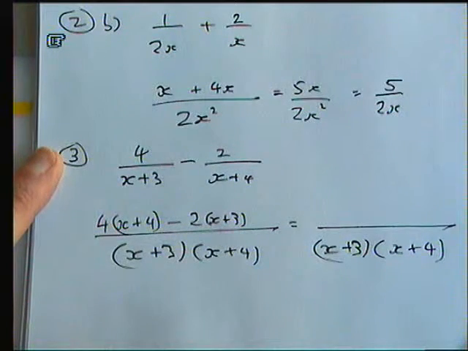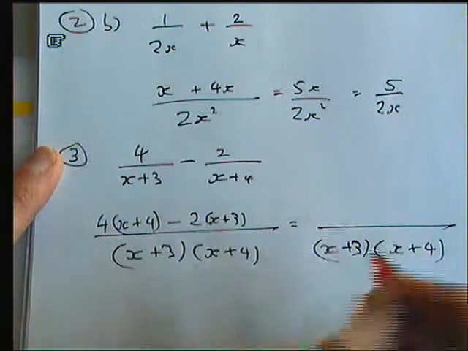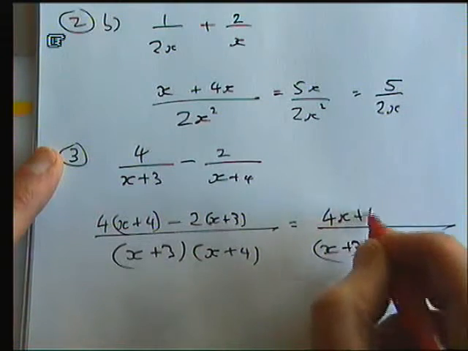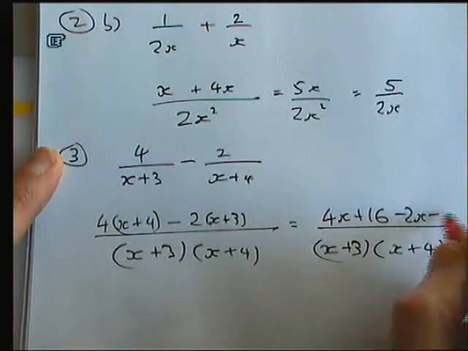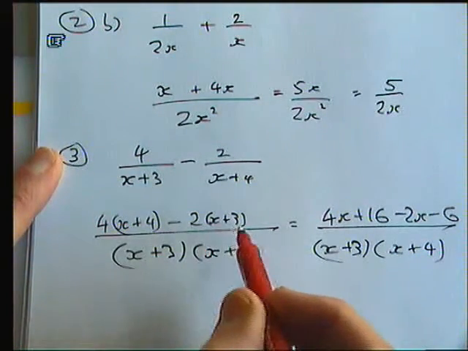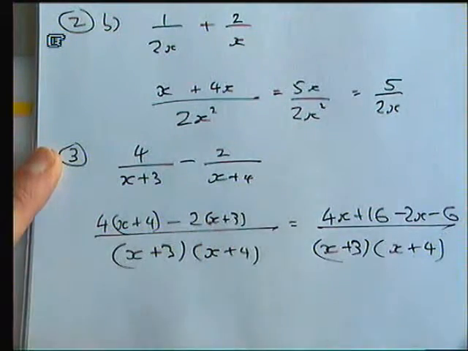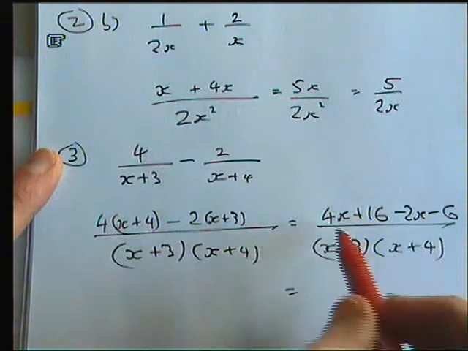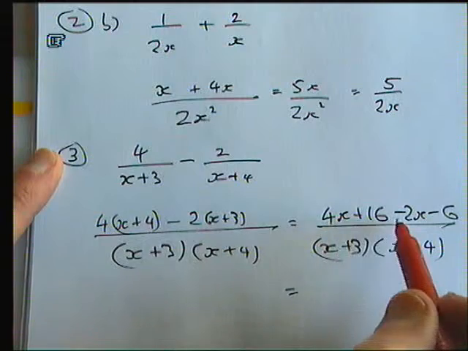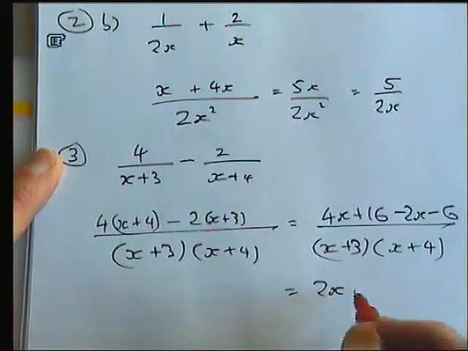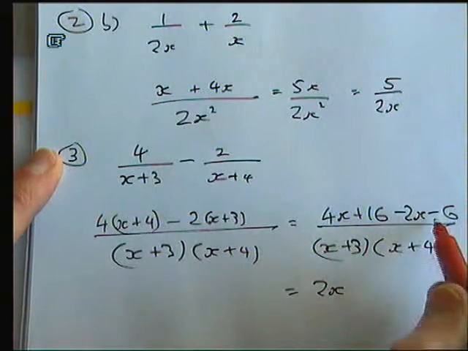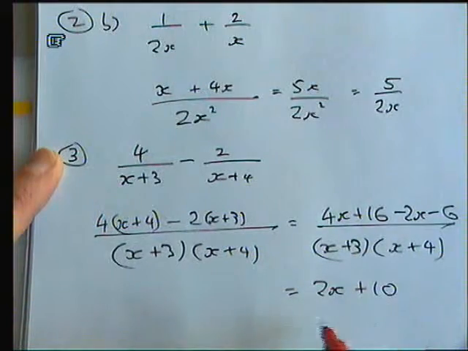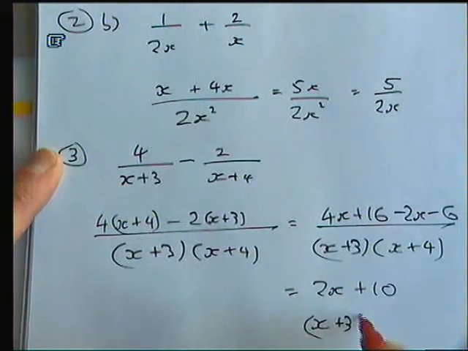Multiply at the top, so that's 4x plus 16 minus 2x minus 6. Just be careful with your signs. Minus times a plus is a minus. On the top I've got 4x, take away 2x, which is 2x. 16 take away 6, which is 10. Bottom stays the same.